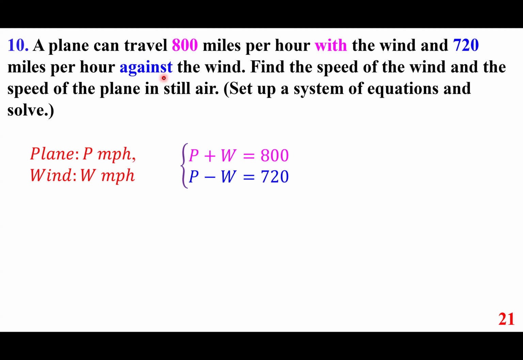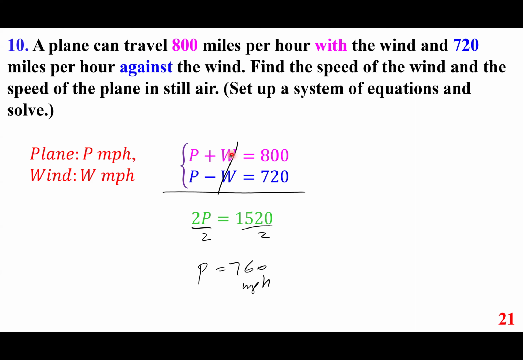Of course, if you add them up, the elimination method, these two cancel each other. 2P is 1520. Divide by 2, and P becomes 760 miles per hour.